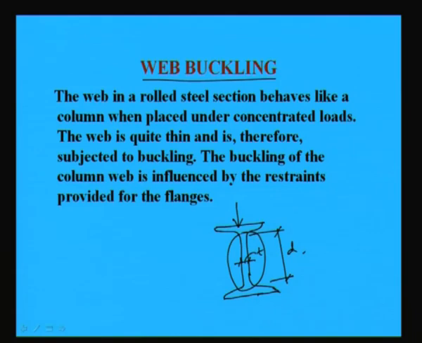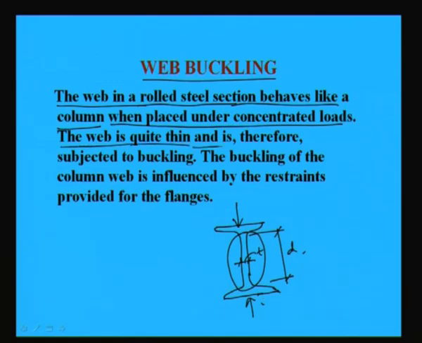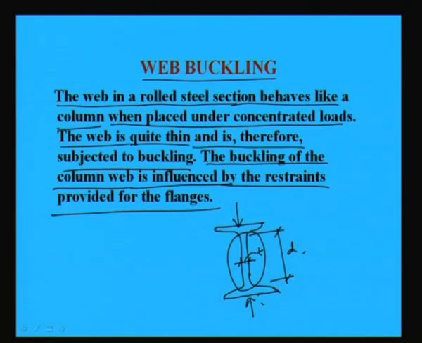The web in a rolled steel section behaves like a column when placed under concentrated load. The web is quite thin and is therefore subjected to buckling. The buckling of the column web is influenced by the restraints provided for the flanges.